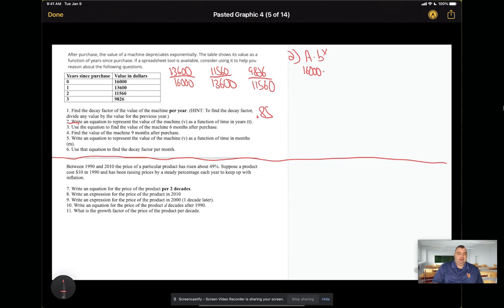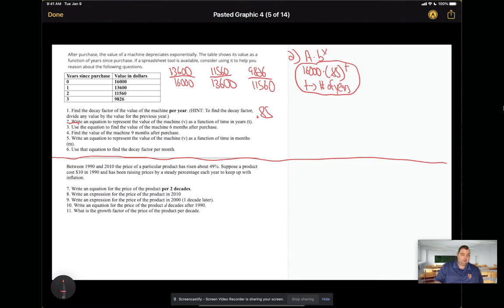My decay factor, we already said, was 0.85. And we're going to use T because it said function of time in years. So 16,000 times 0.85 to the power of T. That is my equation per year. So my T value in this case is number of years.